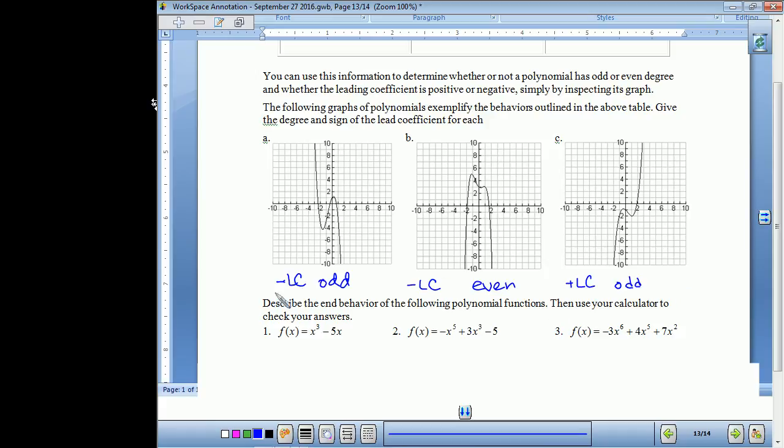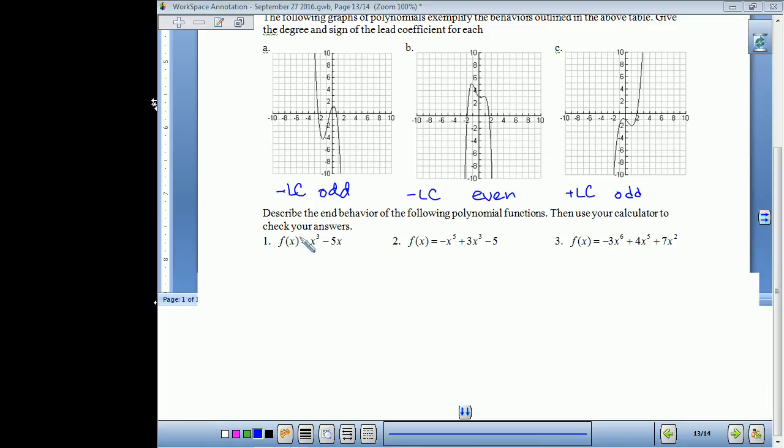So those things we already know just by looking at the graph. We also know this one has 2 real roots and 2 imaginary. Non-real, that's right. Okay, now, how would we describe the end behavior here? Now we have already looked at functions like this, guys, but most of ours were in factored form.